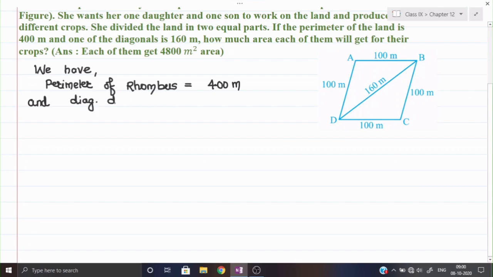So diagonal D1 is equal to 160 meter. We have to find the whole area of the rhombus, which we shall divide by 2 to find the area for the son as well as the daughter.